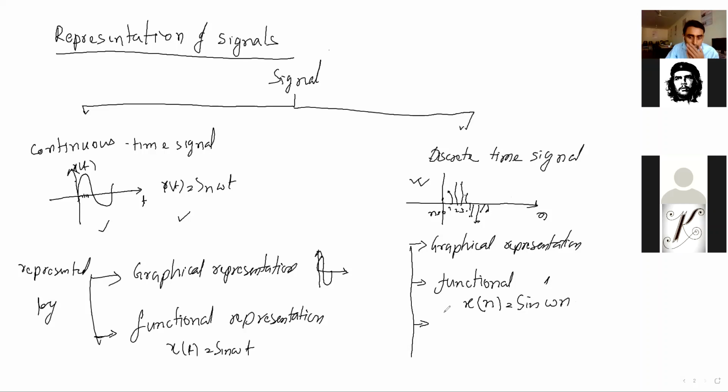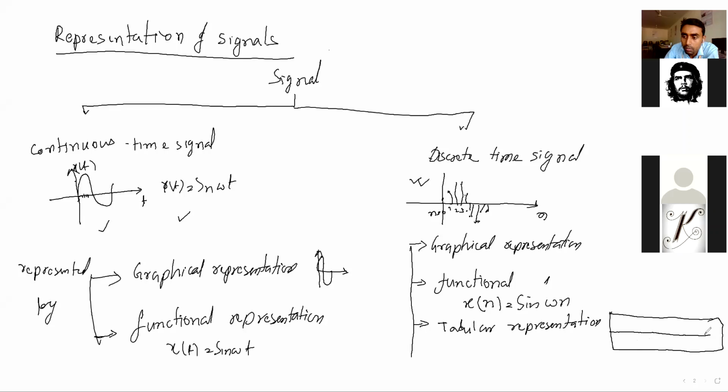The third one is tabular representation. Tabular representation means they show every value for every instant of time, in tabular form.